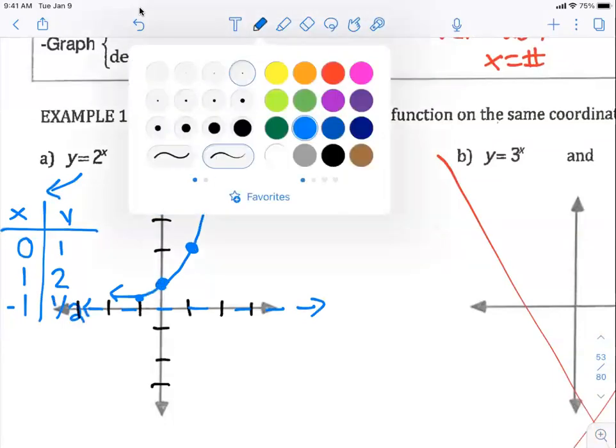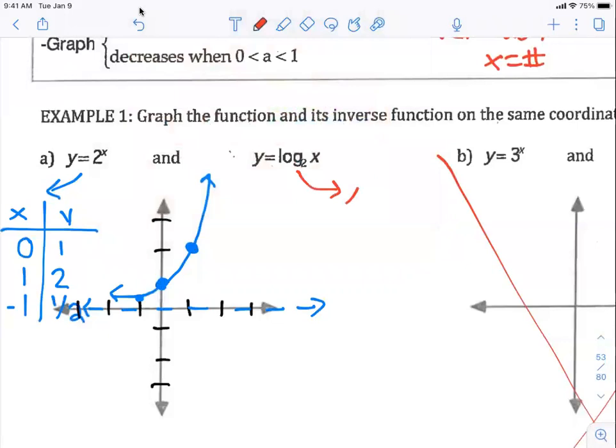Now, if we do the log one, we're going to go ahead and graph its table. So we've got x, y. The points that you're going to memorize are 1, 0; a, 1. The a is this number right here. So a is 2. It's whatever the base is. So we're going to have 2, 1, and then it's 1 over a, so 1 over 2, -1.